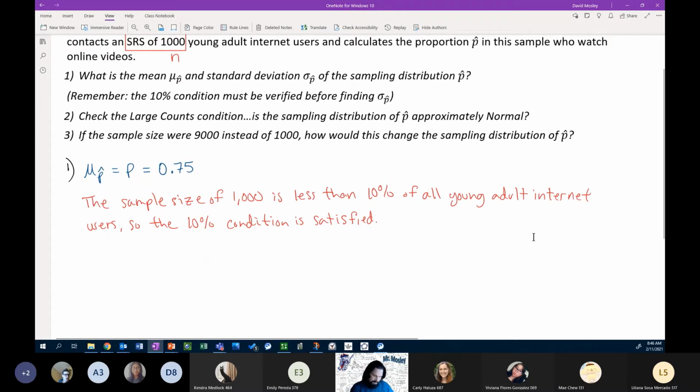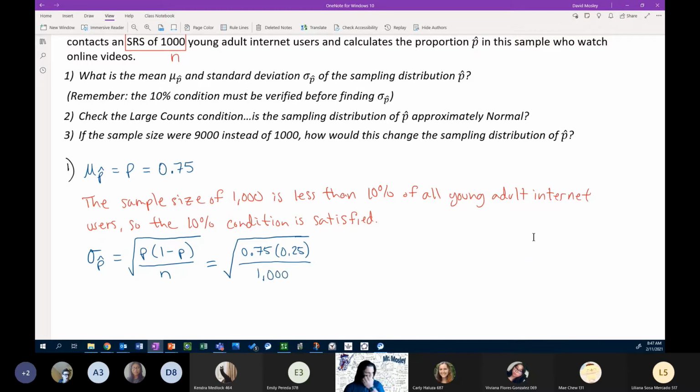So because we have that, we can now calculate our standard deviation. Our new formula says that the standard deviation of p hat is equal to the square root of p times 1 minus p divided by n, which in this case is equal to the square root of 0.75 times 0.25 divided by 1,000, our sample size.